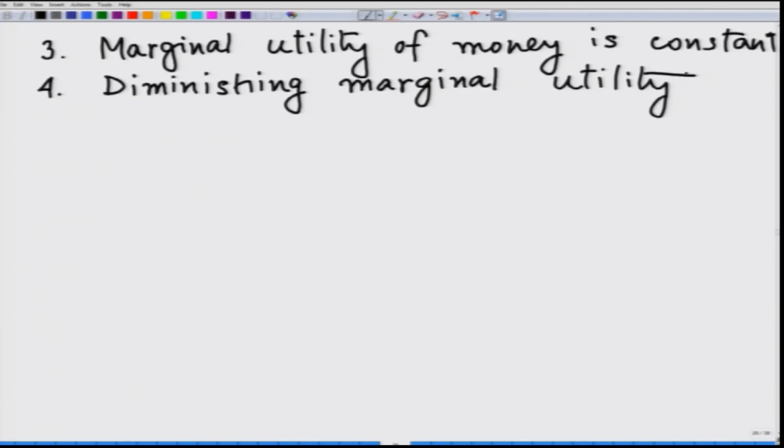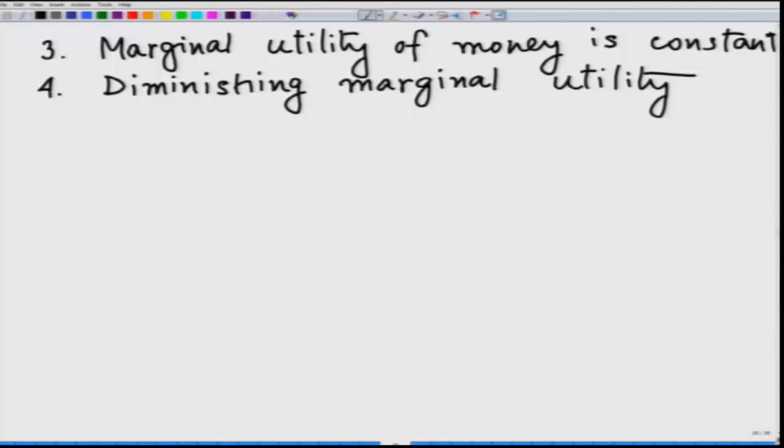So, that means that as the consumer continues to consume more and more units of the same commodity, for each incremental unit of the commodity he or she derives less utility or satisfaction.